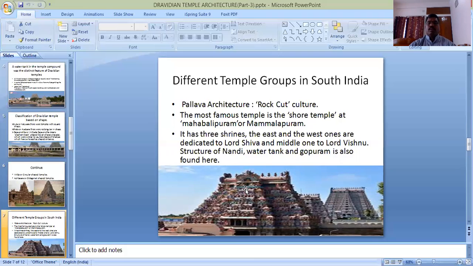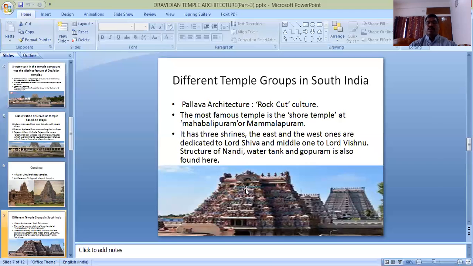So the Mahabalipuram or Mamallapuram temple, if you are trying to identify it, has three shrines, the east and the west ones dedicated to Lord Shiva, and the middle one to Lord Vishnu.